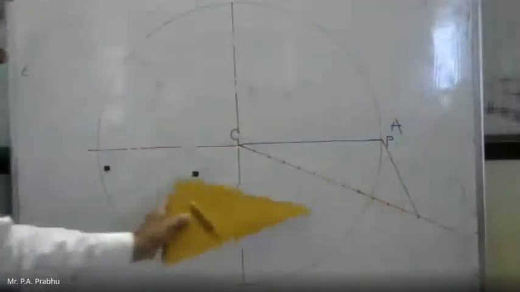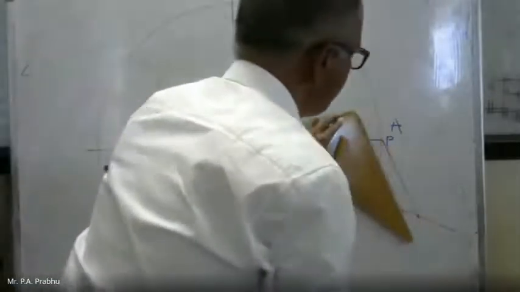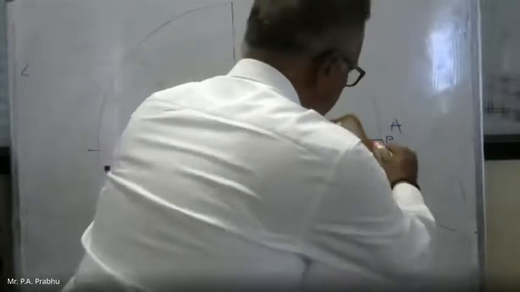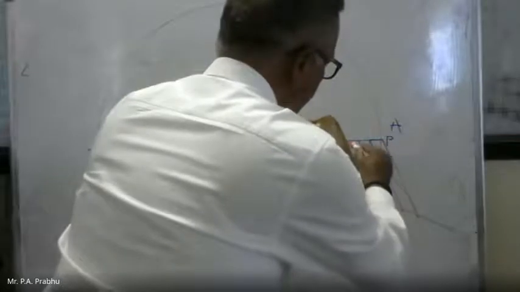Then through each division, draw a line parallel to the first one, using your roller scale or drafter.